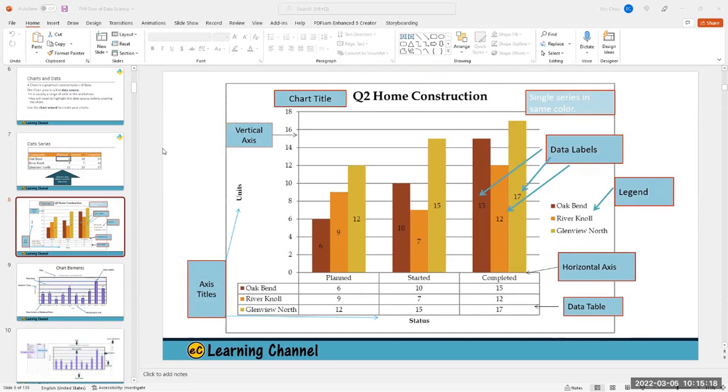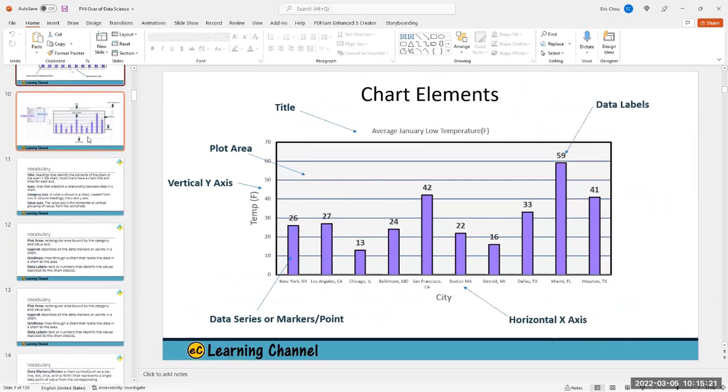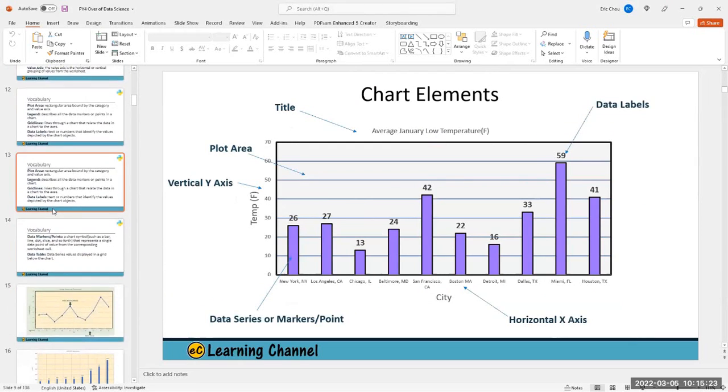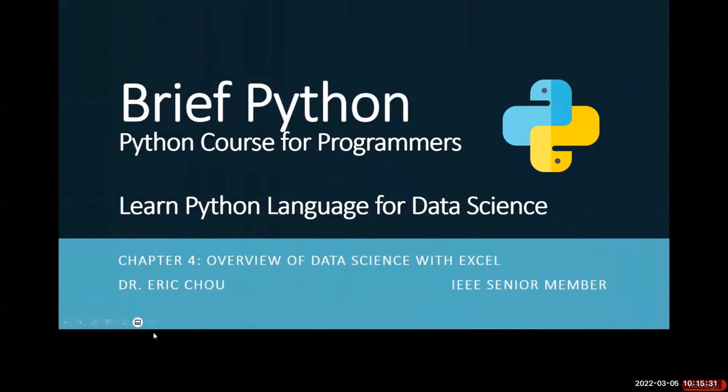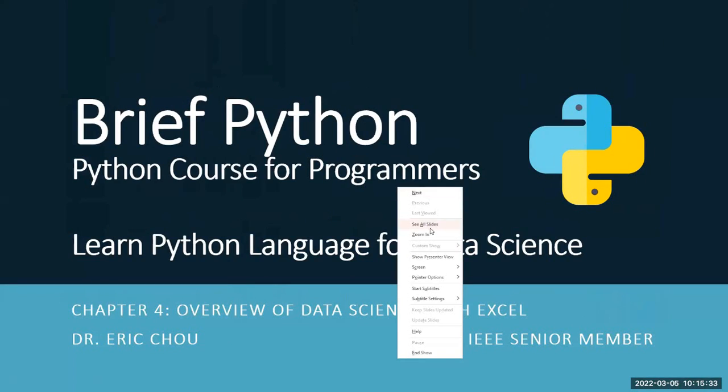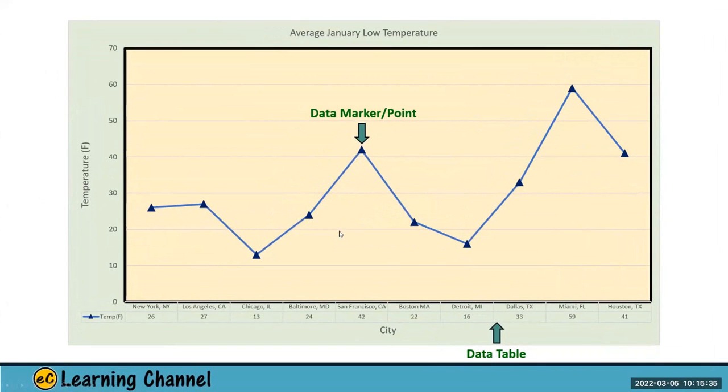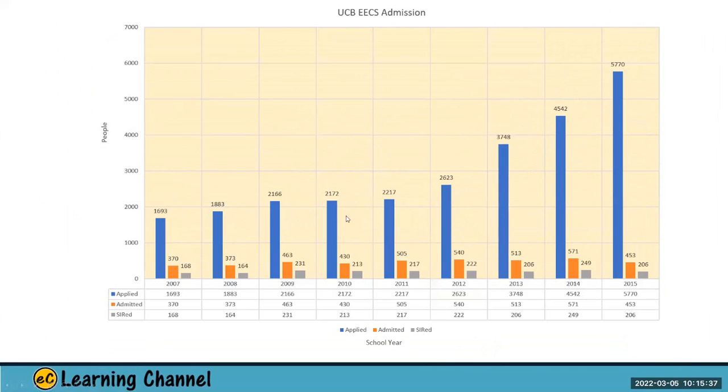Anyway, it's the basic chart structure. We just show you some basics. This one is called a line chart. A line chart has data points and you use a line to connect them. And you may have a bar chart. This one is called a bar chart.